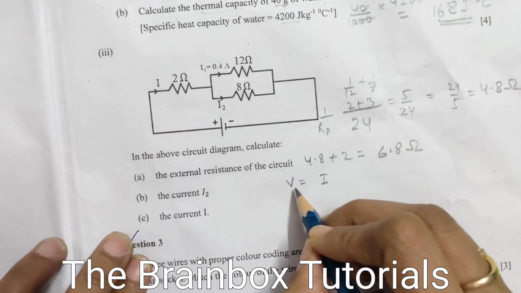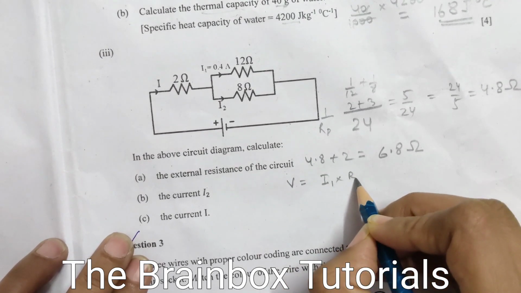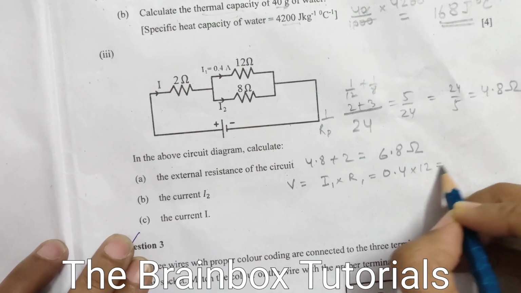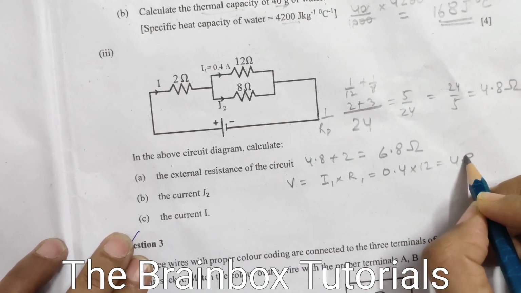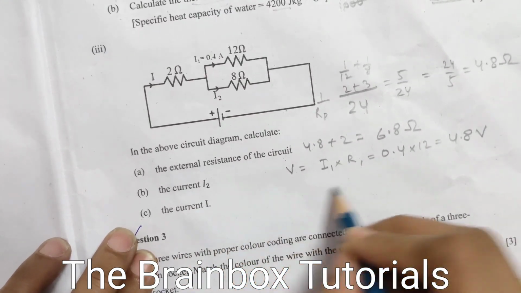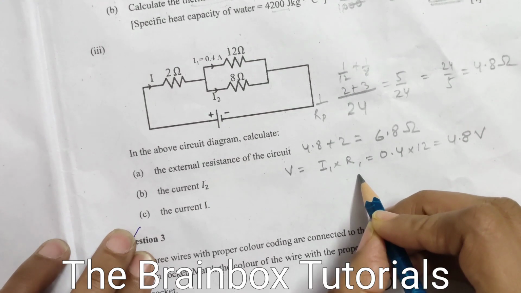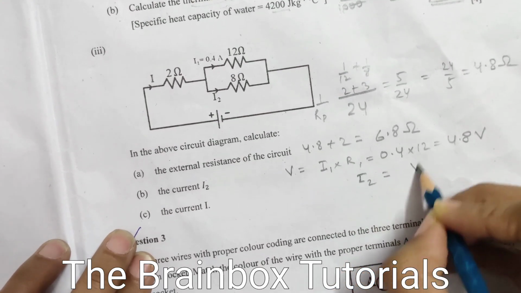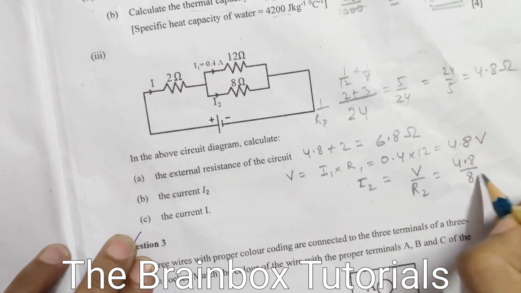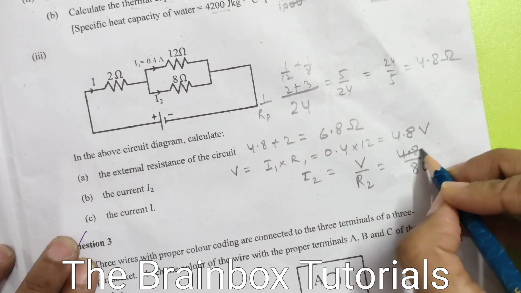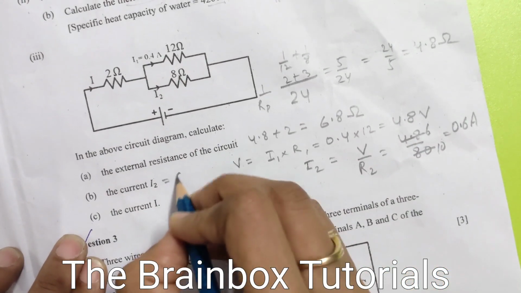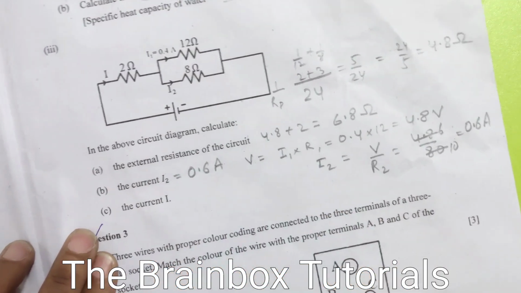So V is equal to IR, that is I1 into R1, that is 0.4 multiplied by 12, 4.8 volt potential difference. So current I2 will be V upon R2, that is 4.8 upon 8, so 48 by 80, 0.6 ampere. So the correct answer of I2 will be 0.6 ampere.